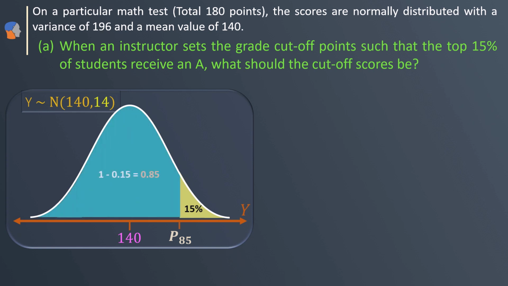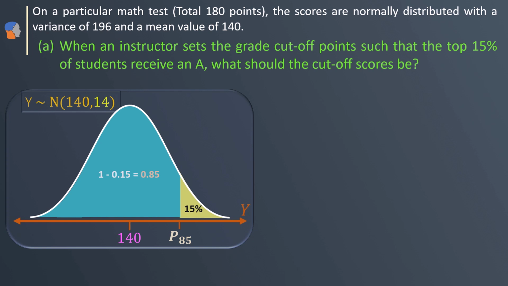We know the entire curve area is 1, and the right corner area is 0.15. Subtract, it is 0.85. Now we know the area left of P85 is 0.85. Can we give another name for this one? Yes, it is the 85th percentile. That's why I use P85 here.